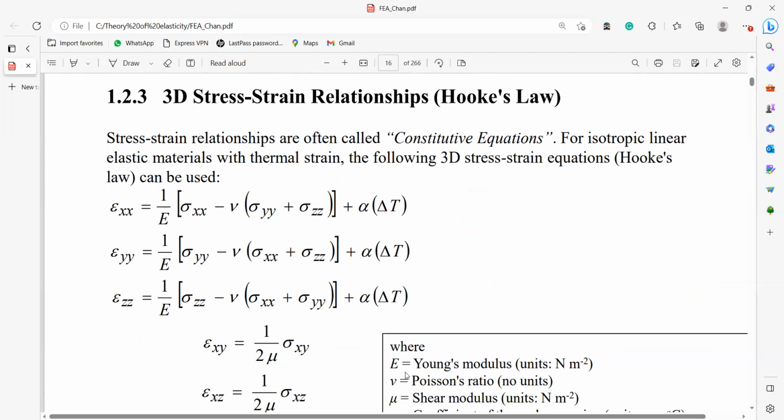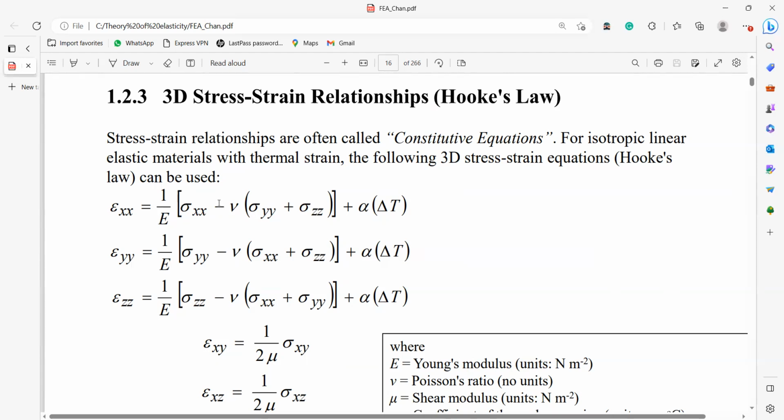When it comes to three dimensions, if along the x-axis it is tensile, the other two axes might be in compression.